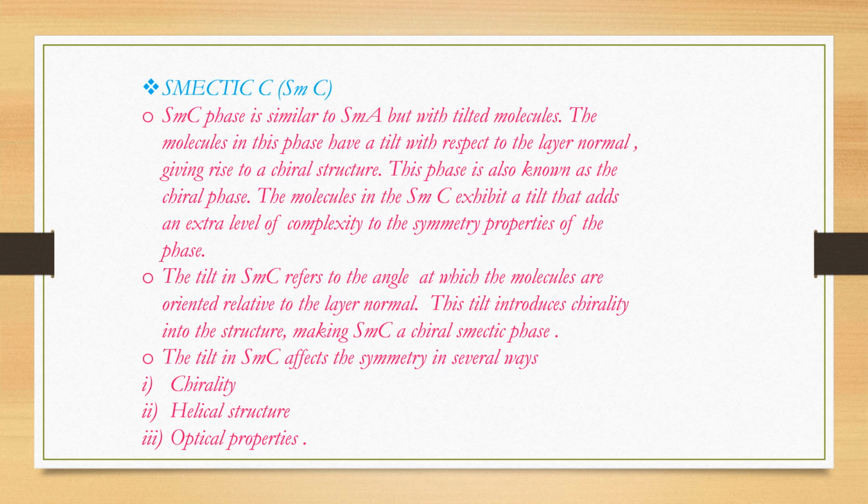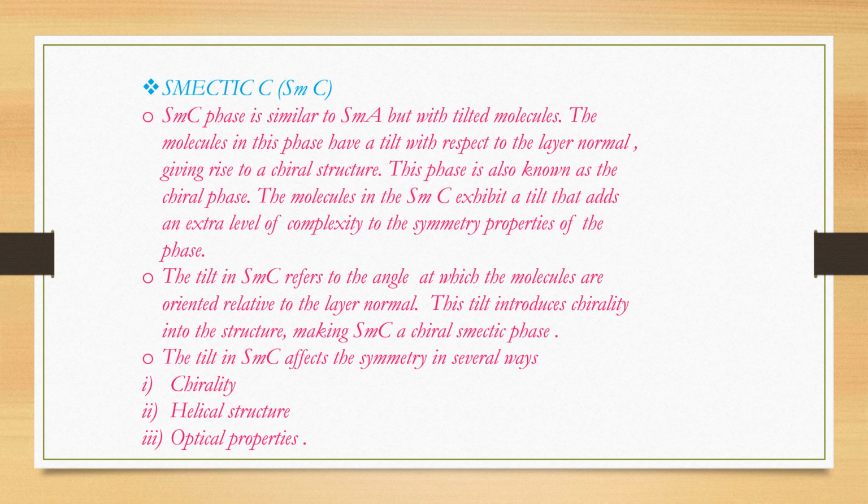Now, the tilt in smectic C affects the symmetry in several ways, that is chirality, helical structure and optical properties. In chirality, the tilt of molecules in smectic C introduces chirality into the structure, meaning that the phase lacks mirror symmetry. And in helical structure, the tilted arrangement of the molecules in the smectic C can lead to a helical structure within the layers.